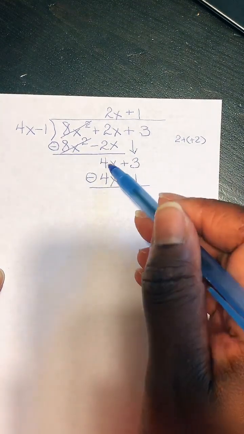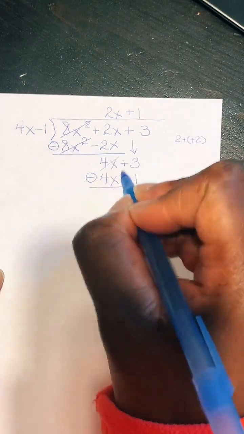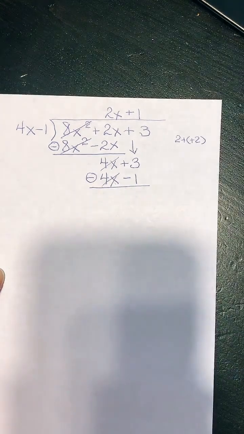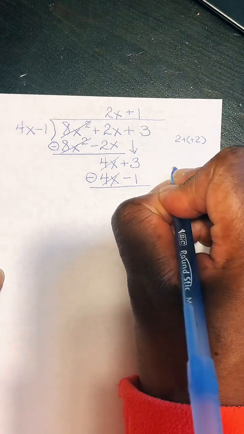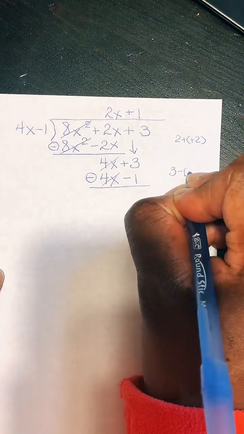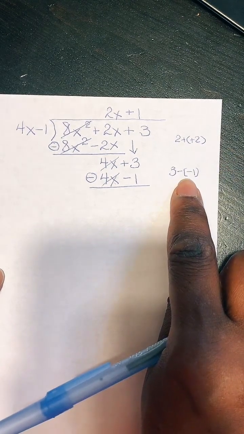So the first term, if you haven't figured it out yet, y'all, the first term always cancels out. Okay, it always cancels out. So now we have 3 minus a negative 1. What does 3 minus negative 1 give me?